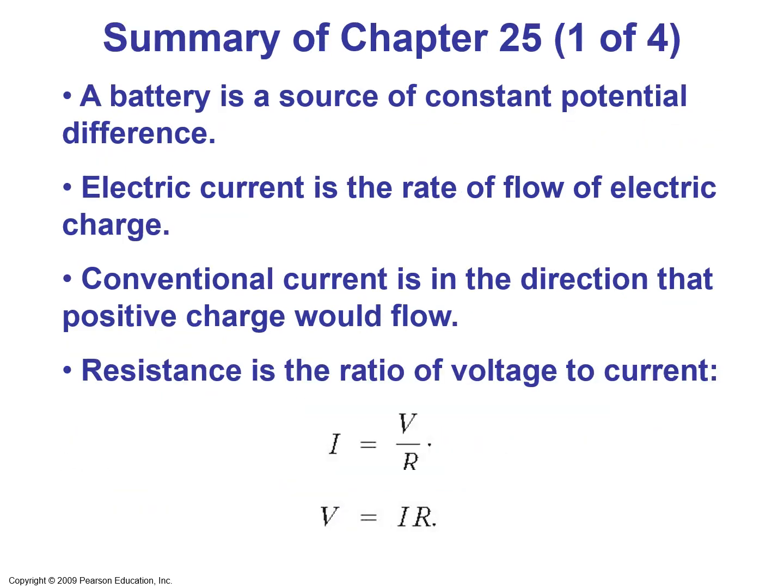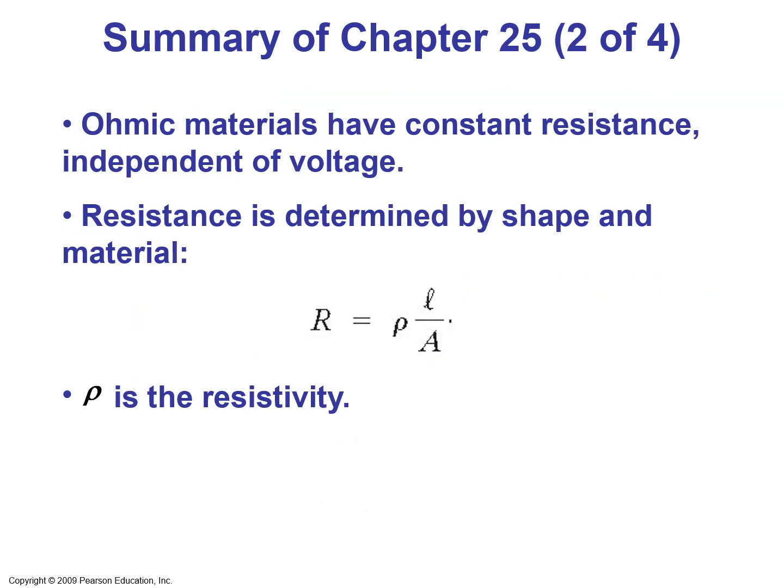Summary of Chapter 25. A battery is a source of constant potential difference. Electric current is the rate of flow of electric charge. Conventional current is the direction that positive charge would flow. Resistance is the ratio of voltage to current, R equals V over I, which is Ohm's law, or we can write V as I times R. Ohmic materials have constant resistance independent of voltage.